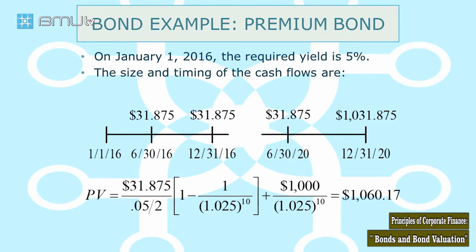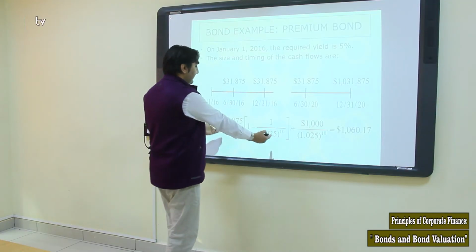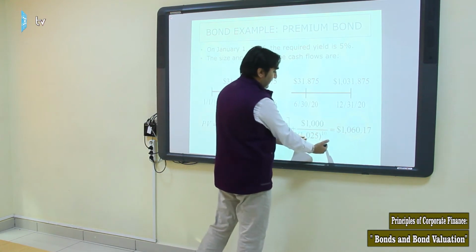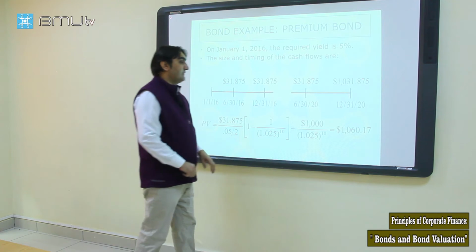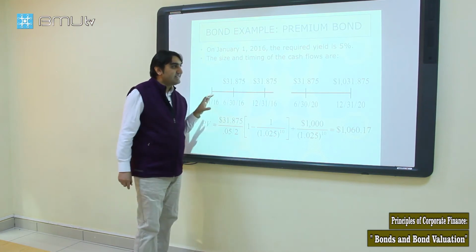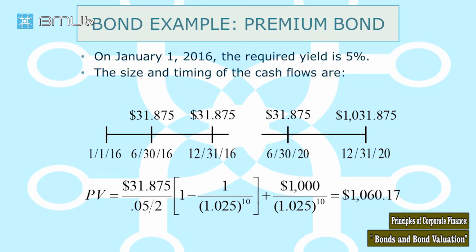We discount at 2.5%, half of this percent, and calculate the present value of the annuity plus the present value of the lump sum face value. We get $1,060.17. The price of this bond is $1,060.17 at a 5% market rate.